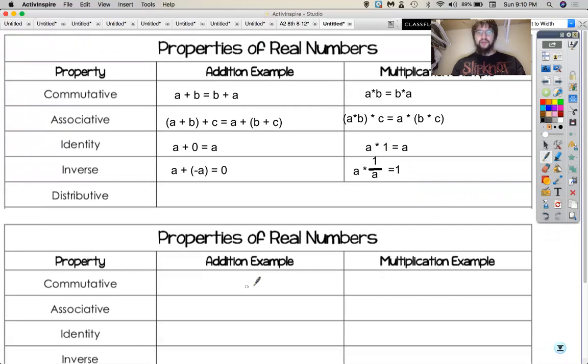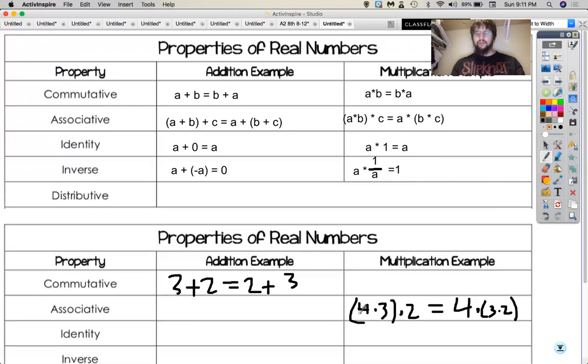And we could do a few examples. I'm not going to do them all. But like 3 plus 2 is equal to 2 plus 3. That's what it would look like. 4 times 3 times 2 is the same as 4 times 3 times 2, grouped differently.